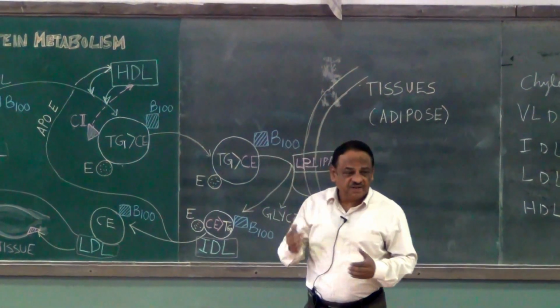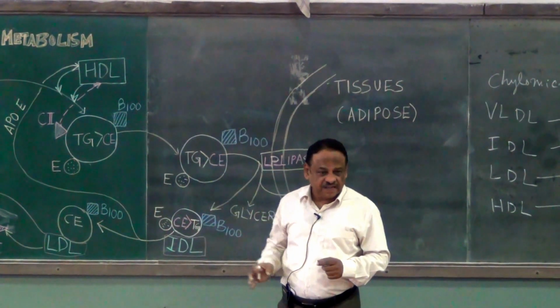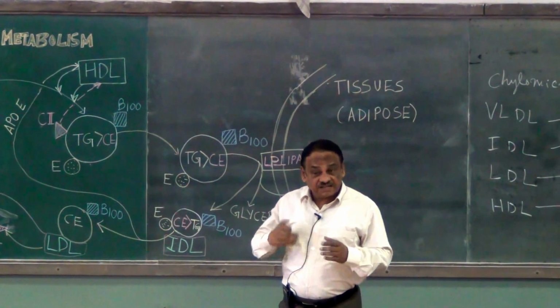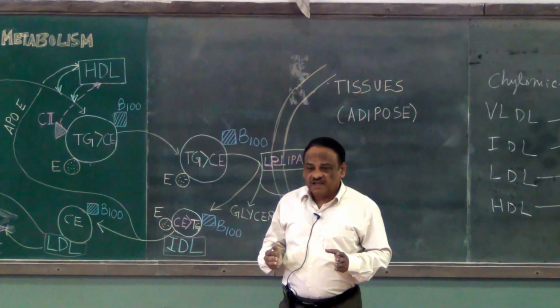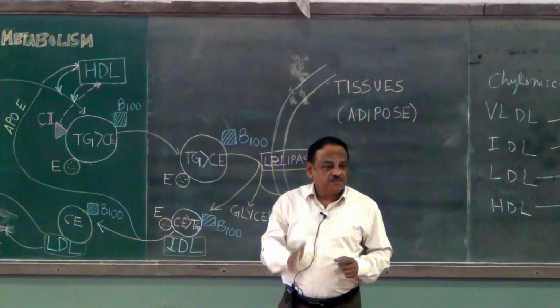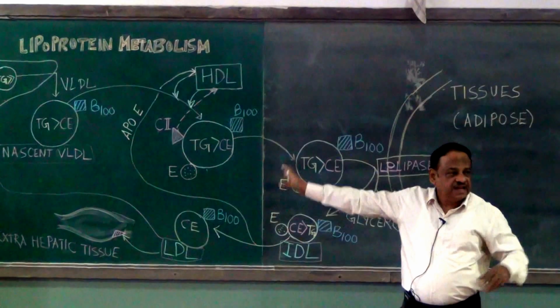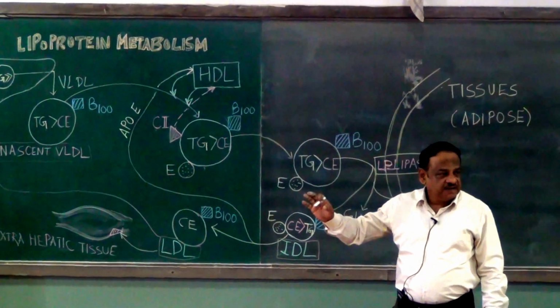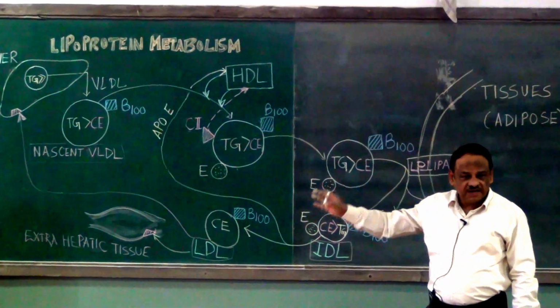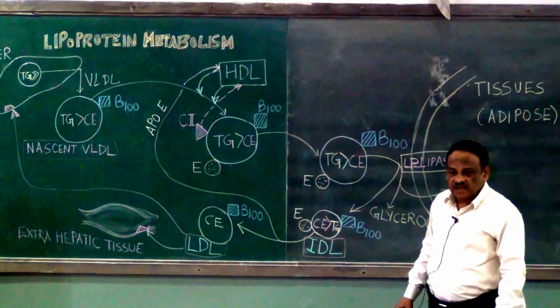The mRNA for both these apoproteins is the same, but the translation of mRNA stops midway in the small intestine, whereas it goes to the full length in the liver. So in the liver, B100 is formed, and in the small intestine, it is the ApoB48.